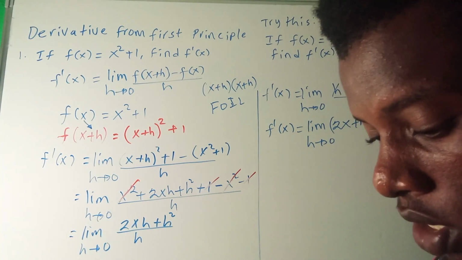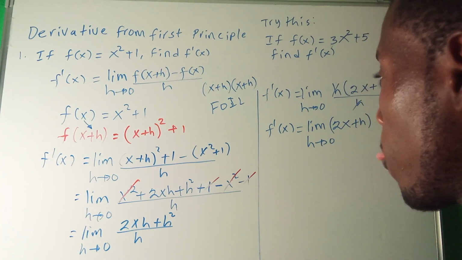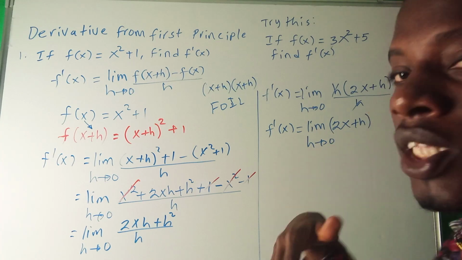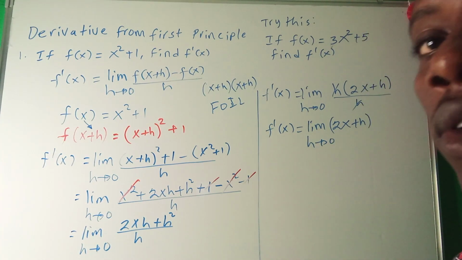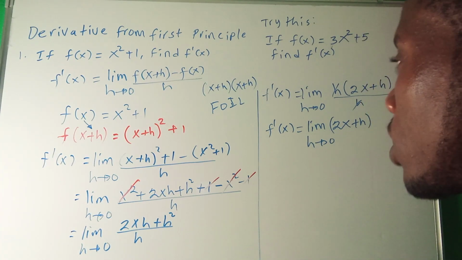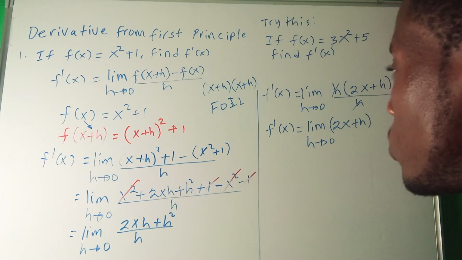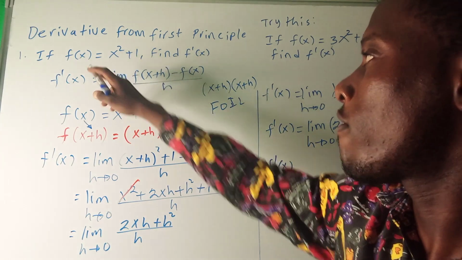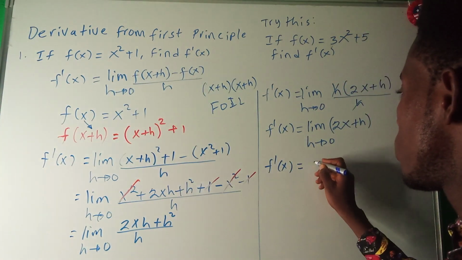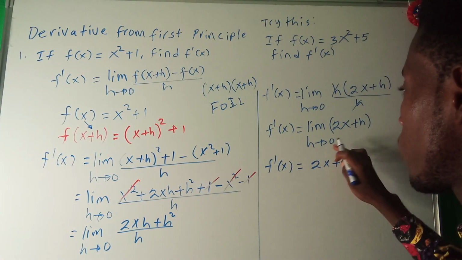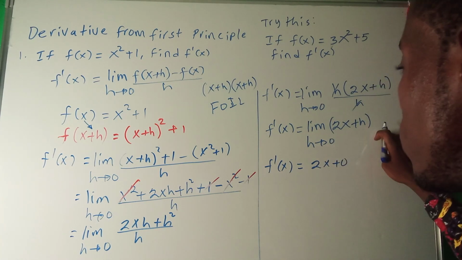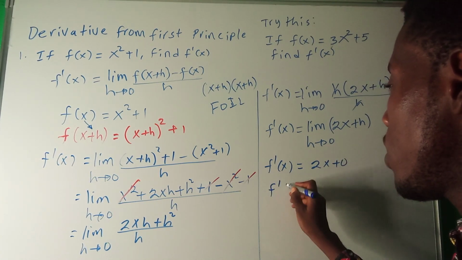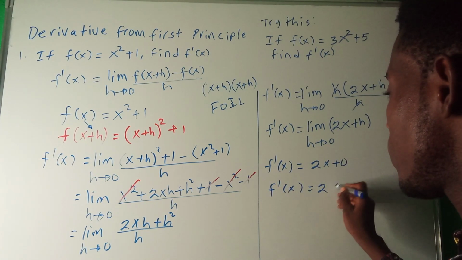This is just the limit of a polynomial function, and to evaluate it, we use direct substitution according to what we learned in calculus 1 from the beginning. So f prime of x, which is the derivative of f of x, is equal to 2x plus 0. We replace h with 0. Finally, f prime of x is equal to 2x.